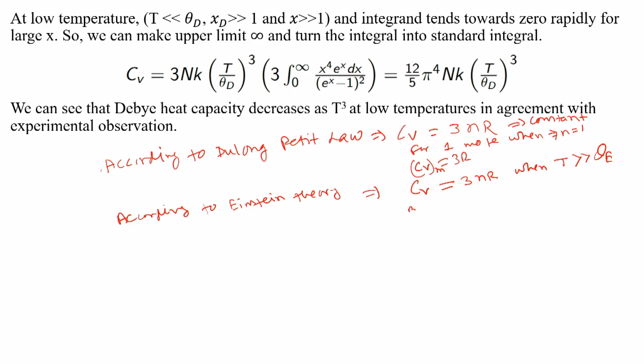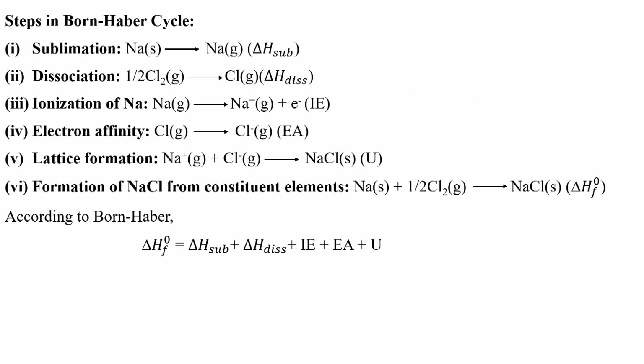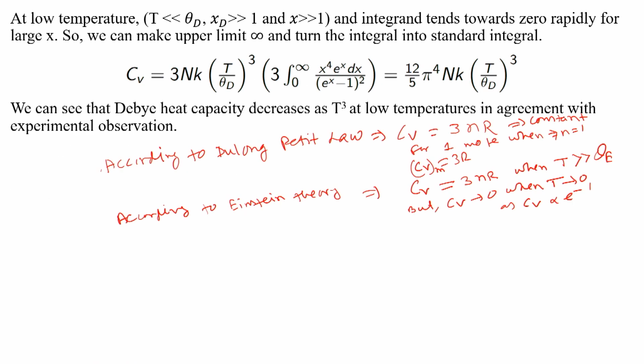But Cv goes to 0 when T goes to 0, as Cv is proportional to e to the minus x, that is, e to the minus θ_E by T. So it goes to 0 very rapidly, a very rapid decay.